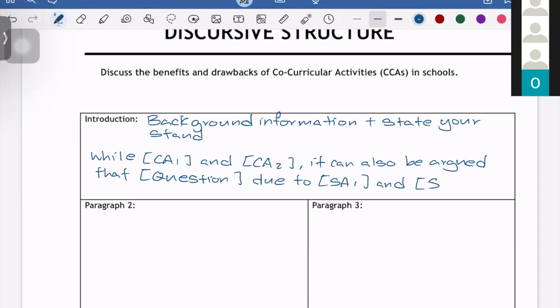Remember, discursive is a balanced type of essay. That's why you have two counter arguments and two supporting arguments instead. Different structure from your argumentative essays.